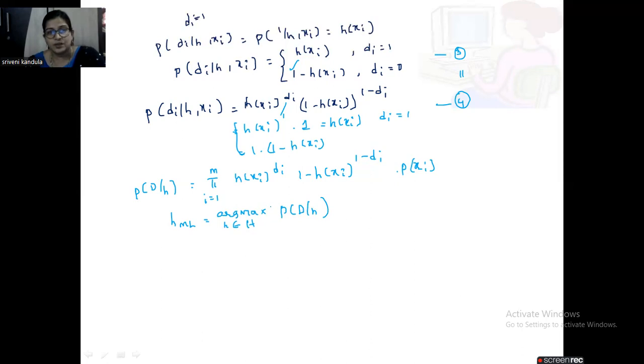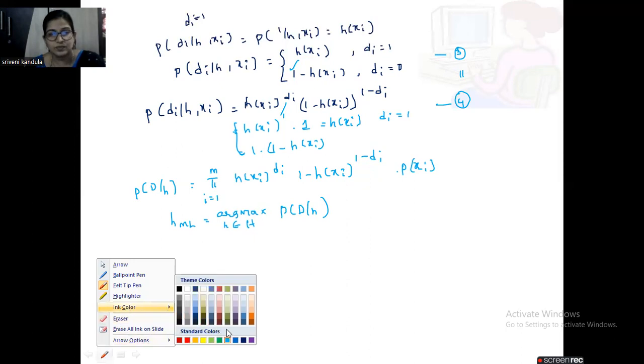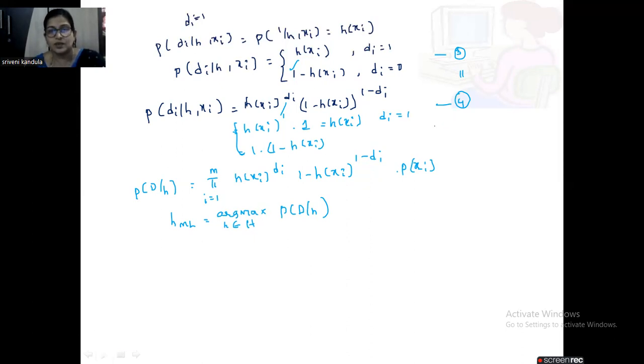Okay, some people are having trouble with the binomial distribution. So for your convenience, I'll give you the formula of binomial distribution here.